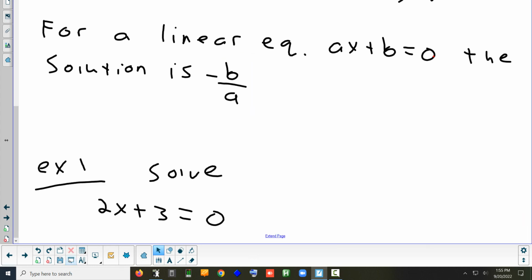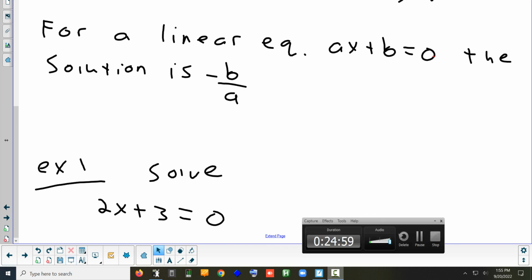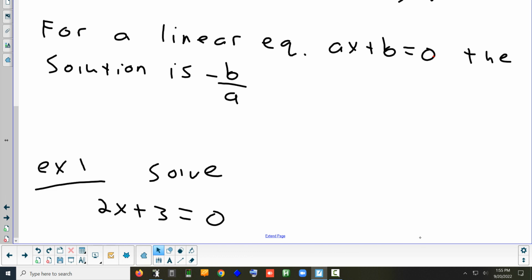All right, so let's apply that idea to this problem. You subtract the b and divide by the a. So 2x plus 3 equals 0. So pretty much doing exactly what Dustin said. Can someone tell me the 2 steps to get x by itself?